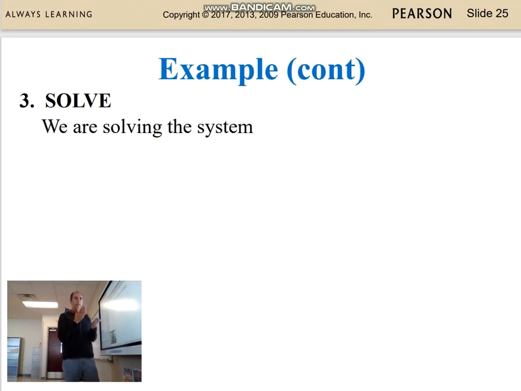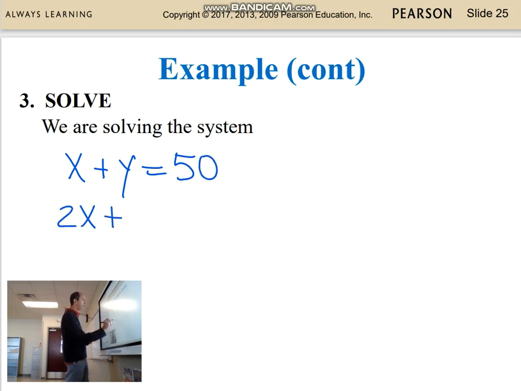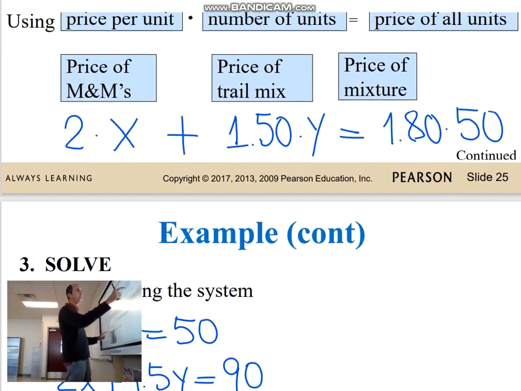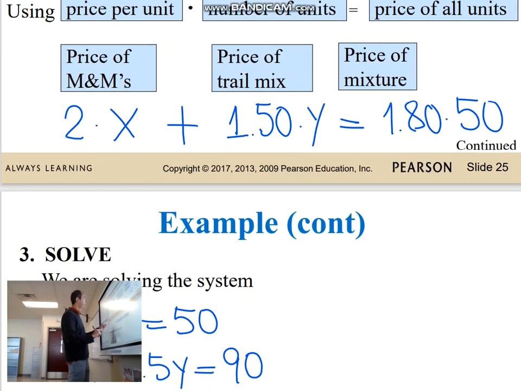We have two variables that we don't know, we want to find out. We have two equations. That is a system of linear equations in two variables. So write down here the equations that we have: x plus y equals 50, and 2x plus 1.5y equals 90, which is 1.8 times 50.